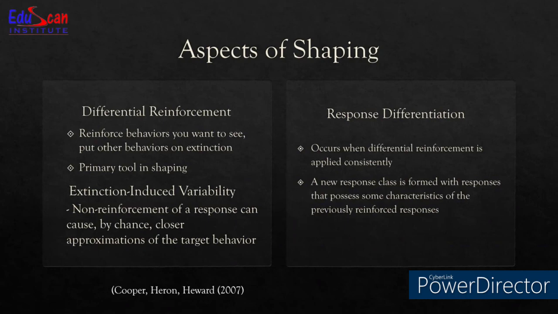Remember, response differentiation is similar to stimulus discrimination, except in stimulus discrimination, we are choosing between two stimuli, and in response differentiation, we're choosing between two responses. Through shaping, we can get them to choose the response we want to see. All right? That is shaping behavior.